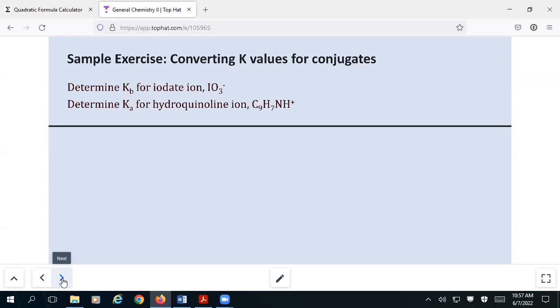So what this allows us to do is calculate Kb values for conjugate bases and calculate Ka values for conjugate acids. All we need to know is what is the K value for the other half of that pair. And then all I need to do is just divide that appropriately.